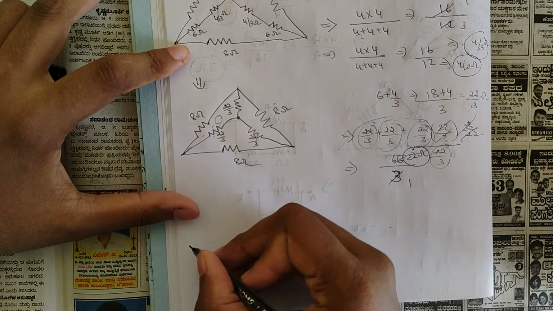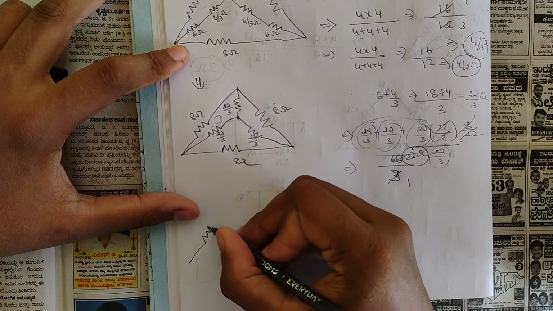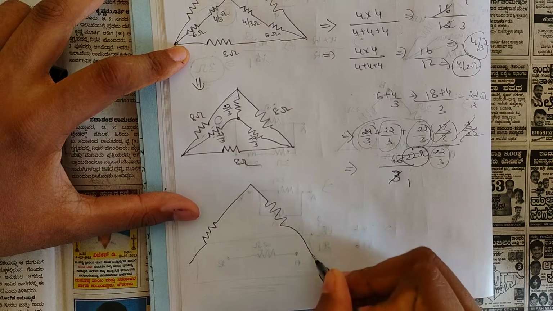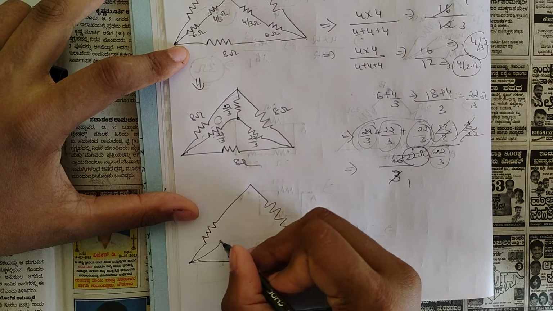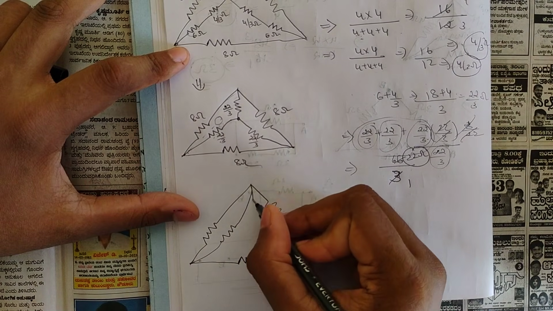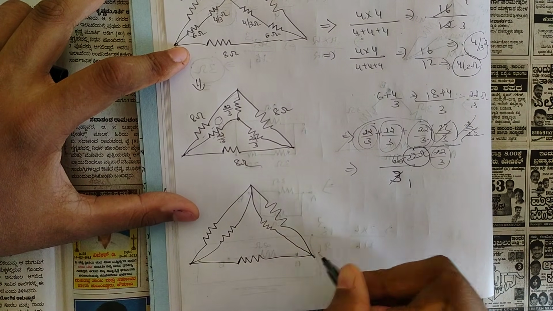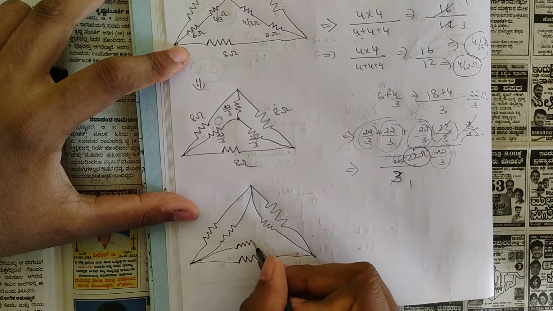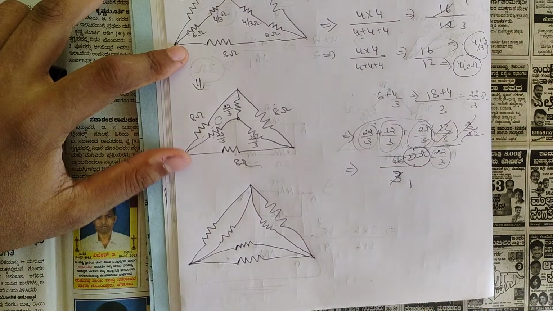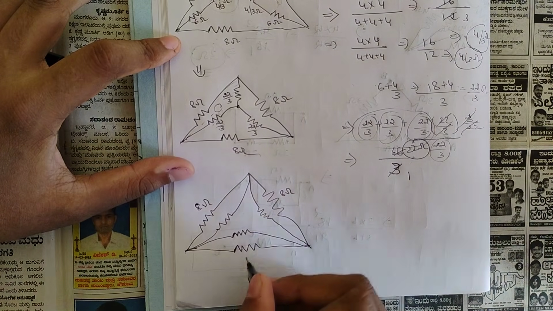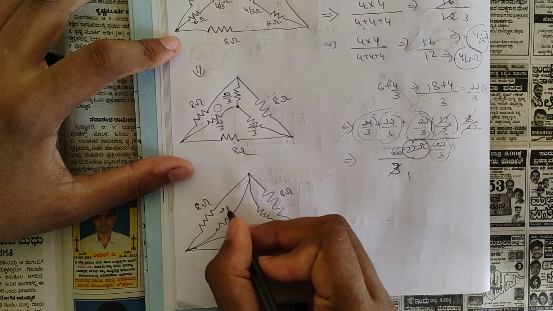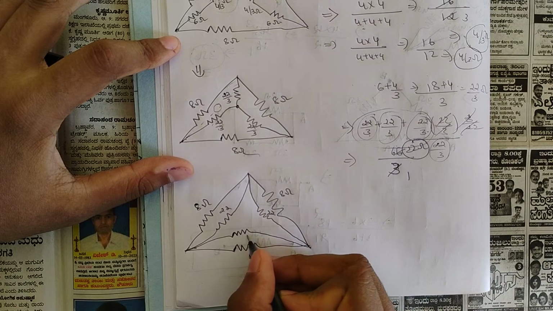So that's why I'll directly write the reduced circuit here. I know that I've scribbled it a little bit, but I hope that you would be understanding it. Okay, this is 8 ohm, 8 ohm, 8 ohm, and these are 22, 22 and 22.